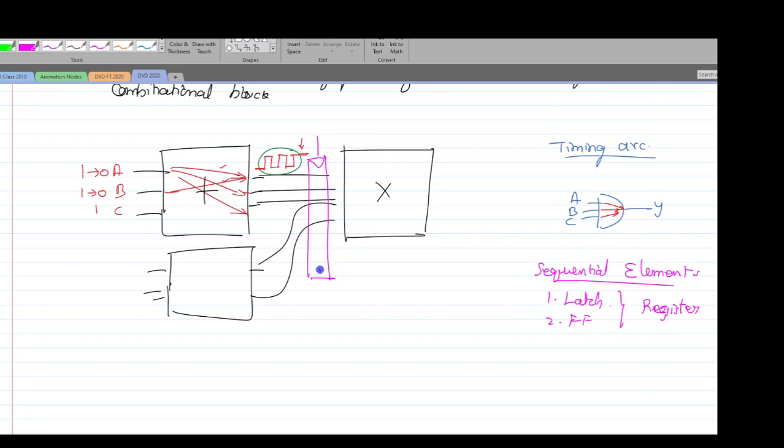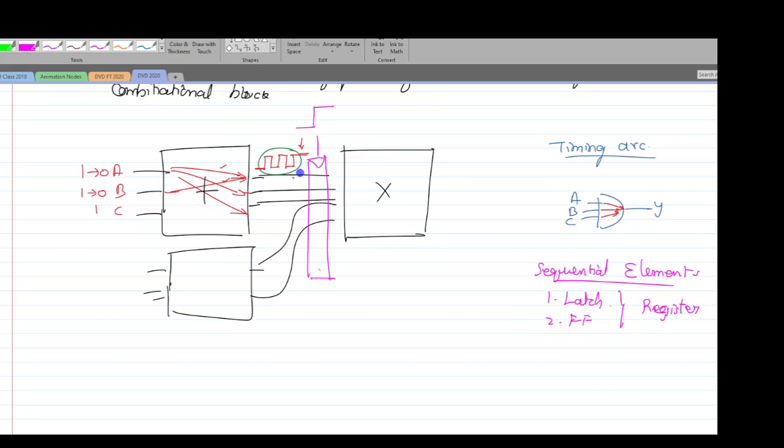We have to ensure that these edges arrive only after the transient time of the output that is making the changes, so that these glitches are not passed on to the next level.